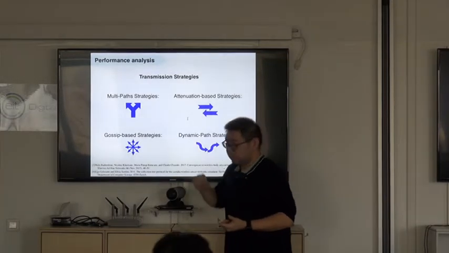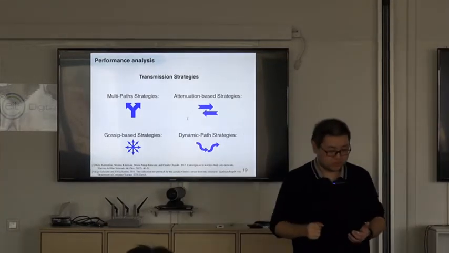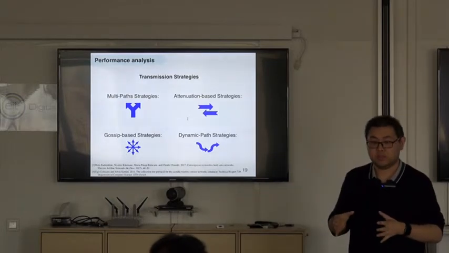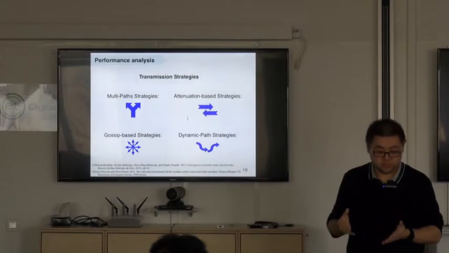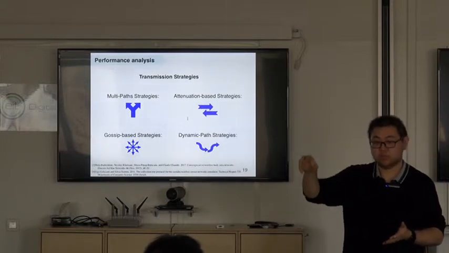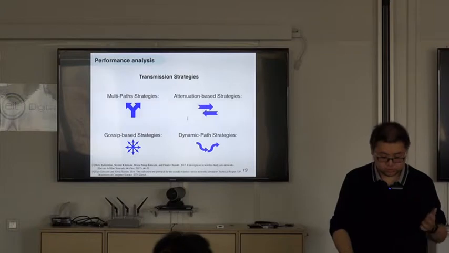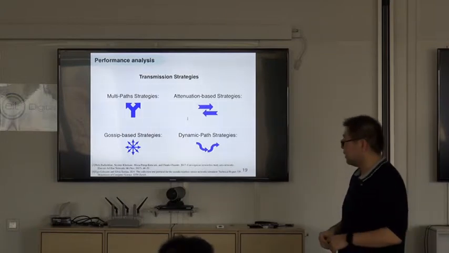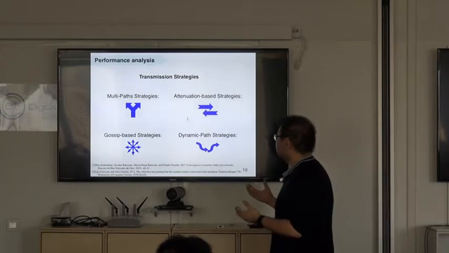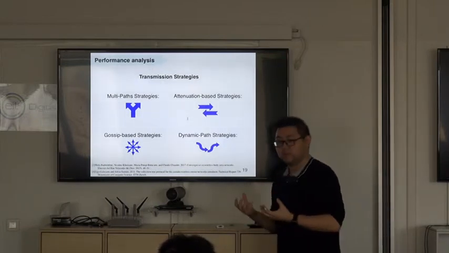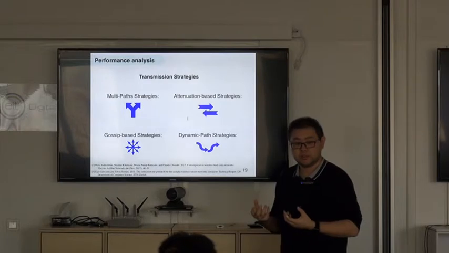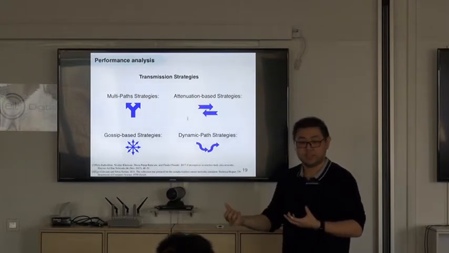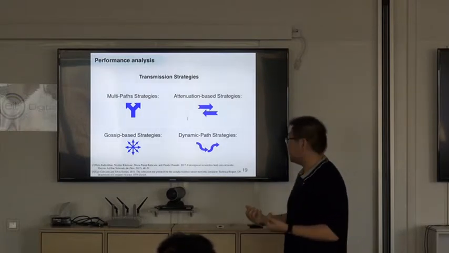For the first one, we define the path for the nodes to send messages along until the sink. For the second one, attenuation-based, the node negotiates with its neighbors to find the best next hop to send the message.